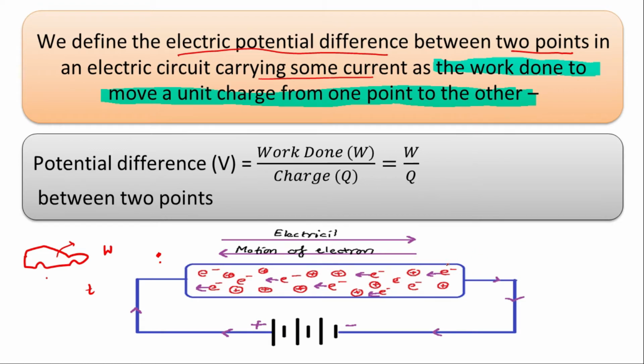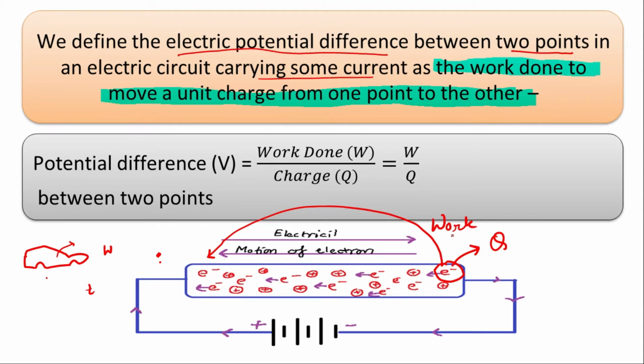So here let us consider this electron. This electron has charge Q, as I told you in my previous video lecture. And to move this electron from here to here, work done is required. And the work done is required for what?